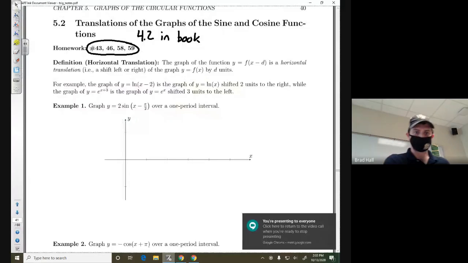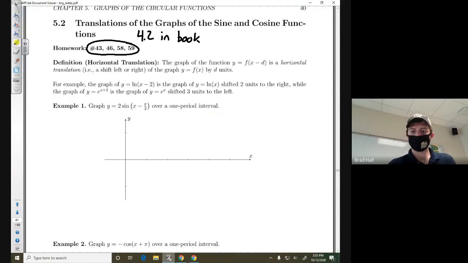I start off by talking about horizontal translations, say shifting left or right. This is whenever you add or subtract a number from the x variable directly.